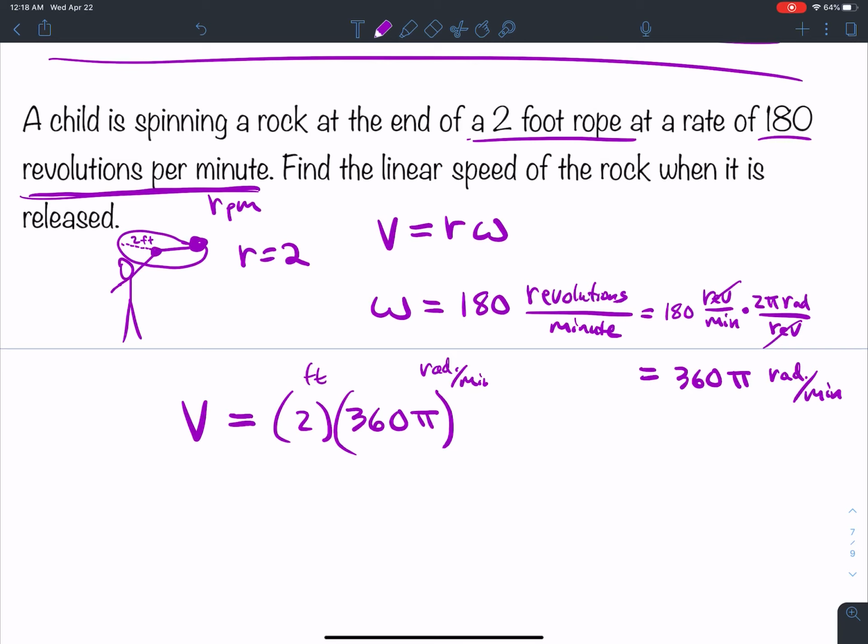So my answer is going to be 720 pi feet per minute.